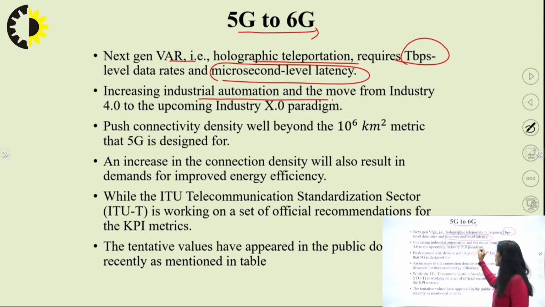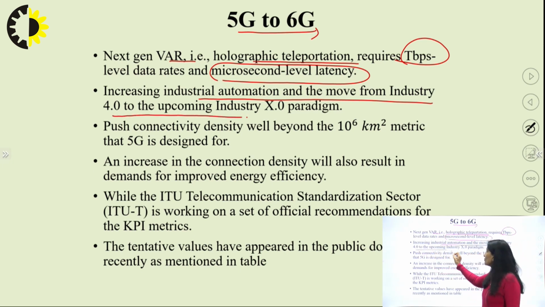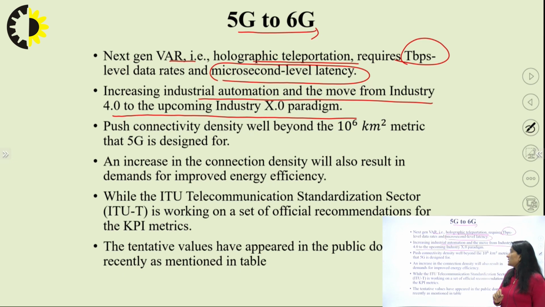Increasing industrial automation and a move from industry 4.0 to the upcoming industry 10.0 paradigm. So there is a paradigm shift in industry also. Till now we are talking about industry 4.0, but in 6th generation we are talking about the industry 10.0 paradigm.